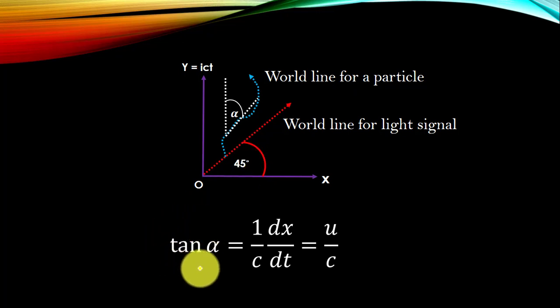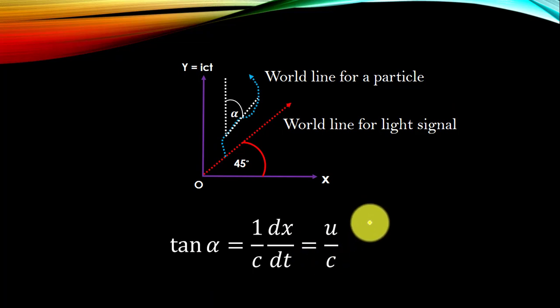So here tan alpha, as you know, represents u by c. This calculation we have already done in the previous video. So tan alpha is equal to u over c, where u is the velocity with which the particle is moving, or you can say if we connect a frame of reference to this moving particle, then this will be the velocity of the S prime frame.